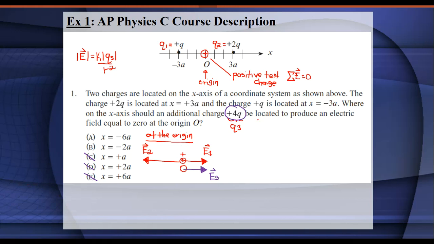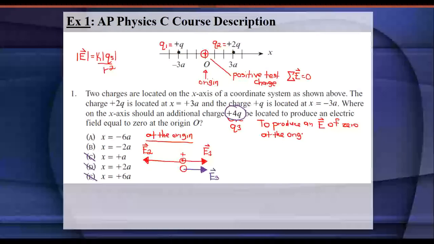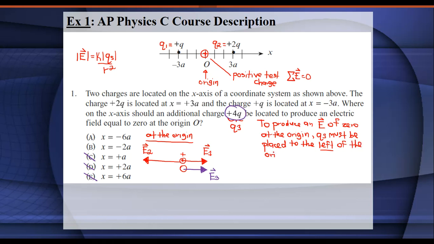I'll say: to produce an electric field of 0 at the origin, Q3 must be placed to the left of the origin by an unknown distance. We don't know that distance yet.